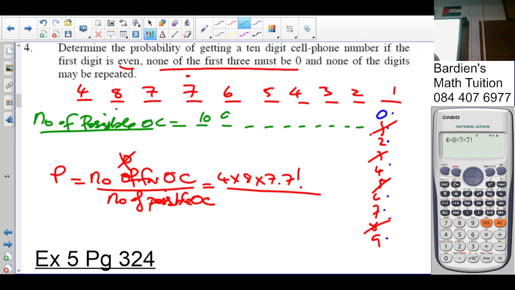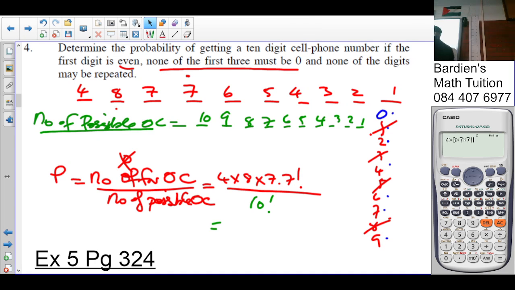So it's going to be 10, 9, 8, 7, 6, 5, 4, 3, 2, 1, which gives you 10 factorial. That gives us an answer of 14 over 45.